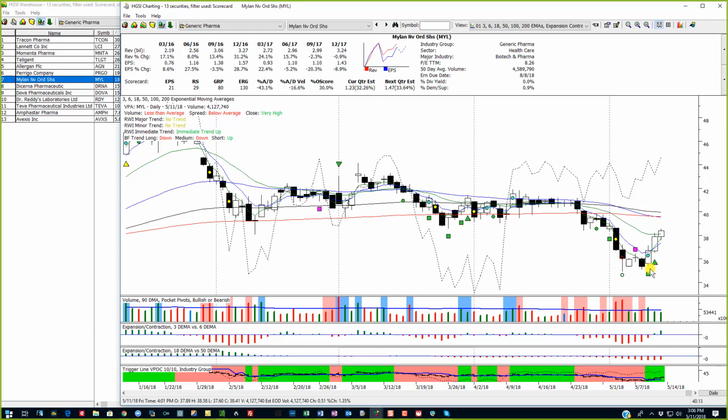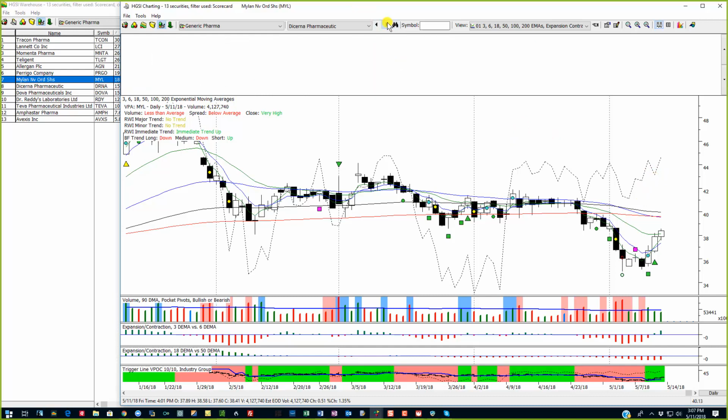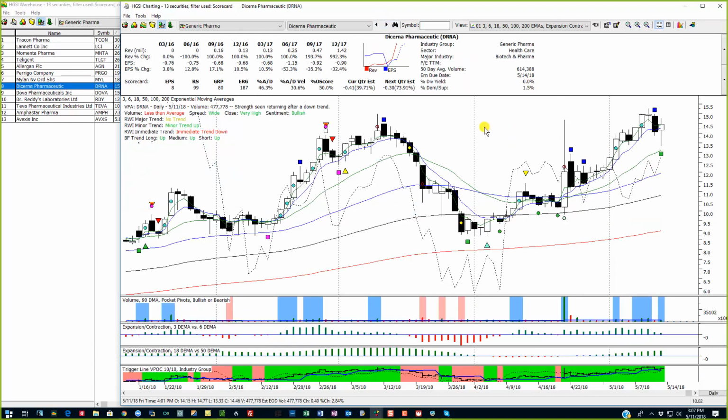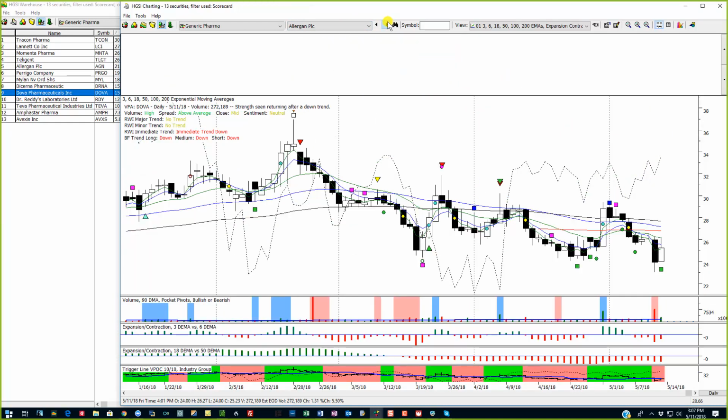Here's another example. Multiple VPA flags. Earnings are out of the way. Earnings are certainly nothing to get excited about. But if the group starts to go up, and notice the group is going up, there's a chance that these stocks will go up. But why not go with the stocks in the group that are already in an uptrend?